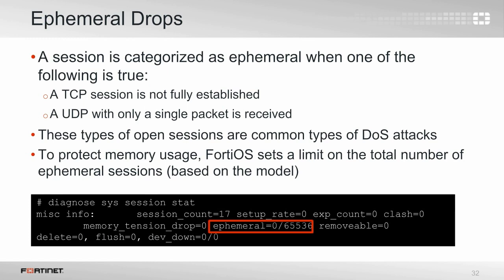Or it is a UDP session with only one packet received. During some DoS attacks, the number of these types of sessions tends to increase abnormally, potentially consuming the unit memory. FortiGate sets a hard limit on the maximum number of ephemeral sessions that can simultaneously exist in the session table.